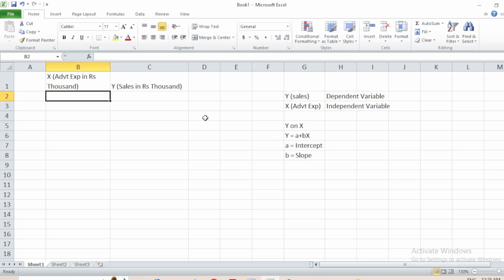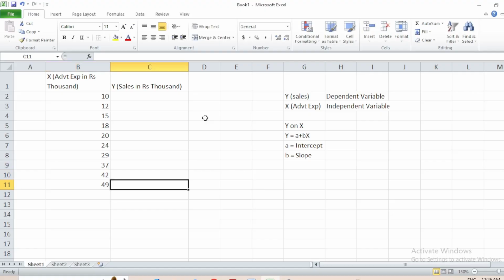So let us say the data is being given 10, 12, 15, 18, 20, 24, 29, 37, 42 and 49.